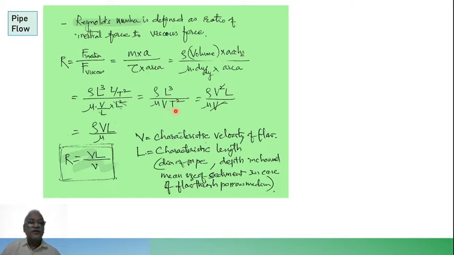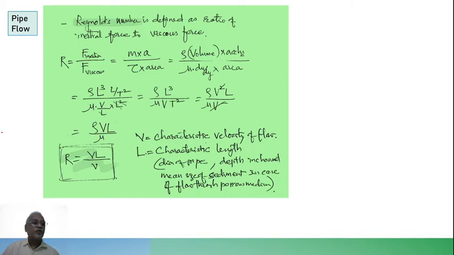Further, you know that L by T is V. Because of that, L squared by T squared is V squared. One L is remaining there. This V is kept as it is. One of the V goes. So the final expression for Reynolds number would be rho V L by mu.